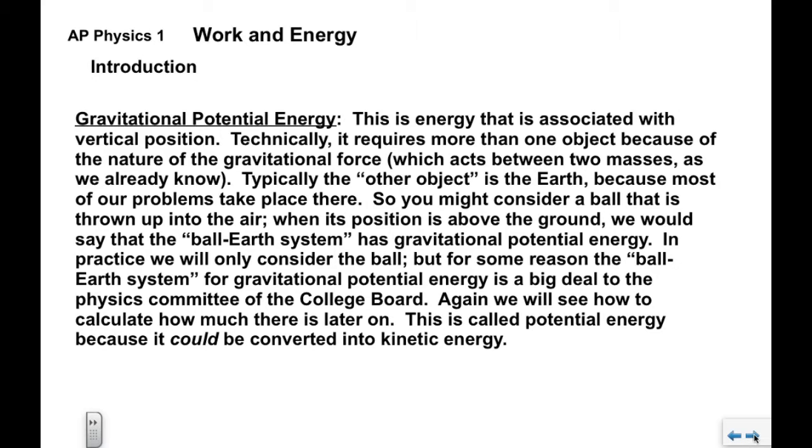You might consider a ball that's thrown up into the air. When its position is above the ground, we would say that the ball-Earth system has gravitational potential energy. In practice, we're only going to consider what the effect is on the ball, but for some reason this ball-Earth system idea is a big deal to the physics committee of the College Board.